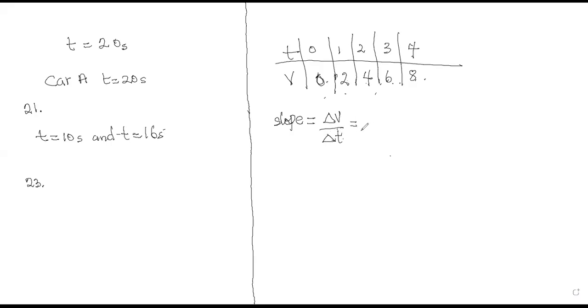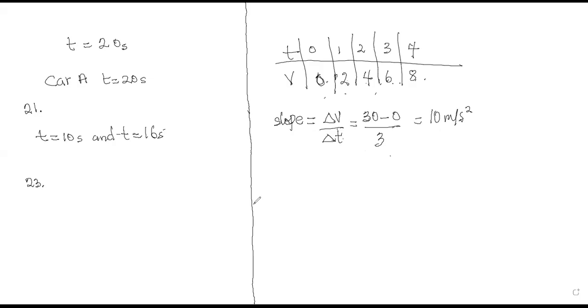For A, we have maximum speed 30, minimum speed 0, over the change in time, 3 minus 0. So this is equal to 10 meters per second squared.